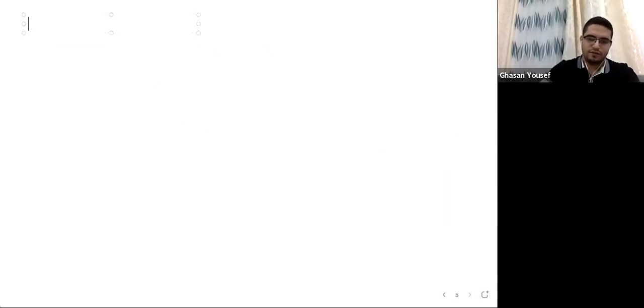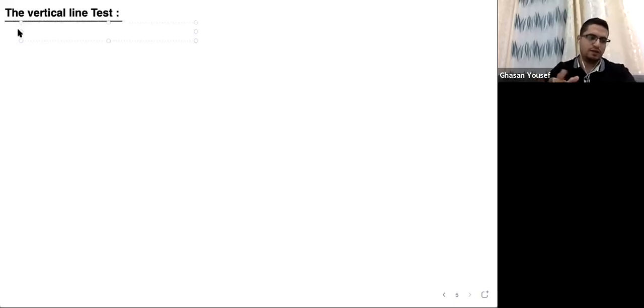The vertical line test is a test for any curve in the coordinate plane, a graph, to check whether this curve represents a function or does not represent a function.